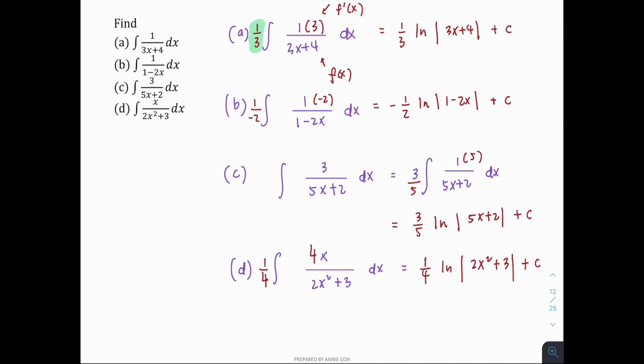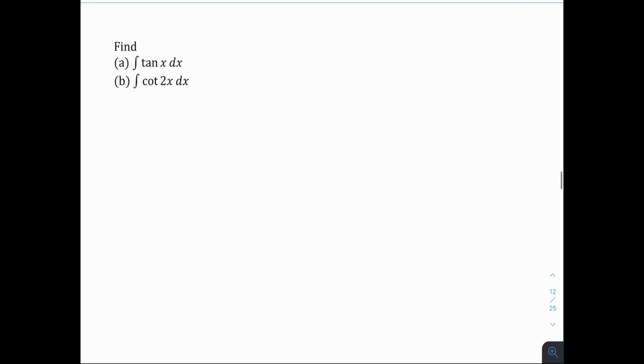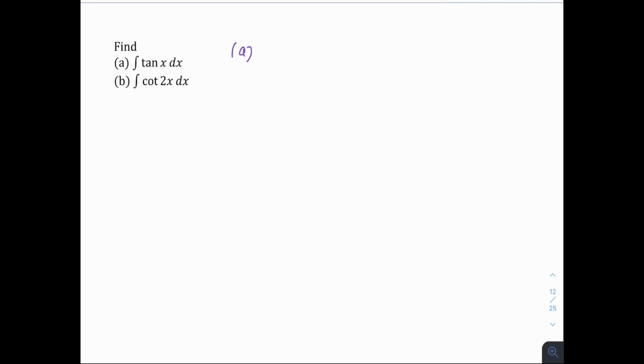But sometimes you will see special cases, like where you need to integrate tangent and cotangent. When you integrate tangent and cotangent, the method is actually the same. For tangent, you will just need to split it into sine x over cos x. Then it becomes a fraction.